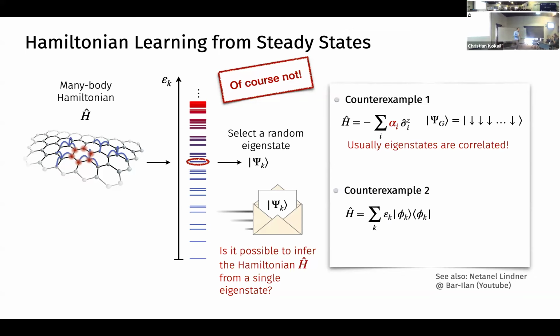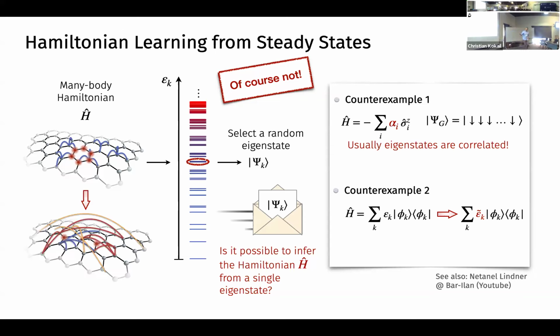The second counterexample that people come up with: let's just expand the Hamiltonian in its eigenbasis and change these eigenenergies, right? You get a new Hamiltonian that has exactly the same eigenstates. Imagine we have a spectrum and we take the ground state and we just enlarge the gap, by adding a projector that's orthogonal to the ground state.